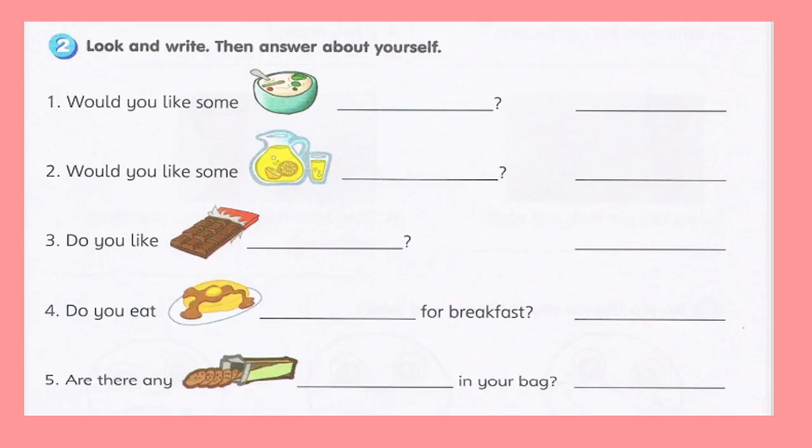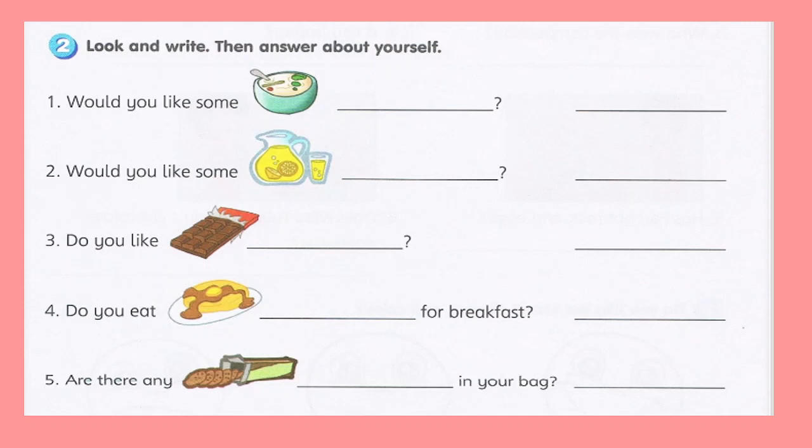Okay, let's move on to the second question. Look and write, then answer about yourself. So based on the question, they already help us by giving some sentences to help with our answers.